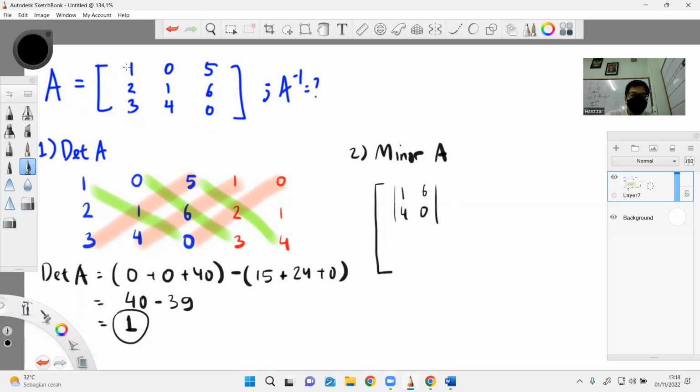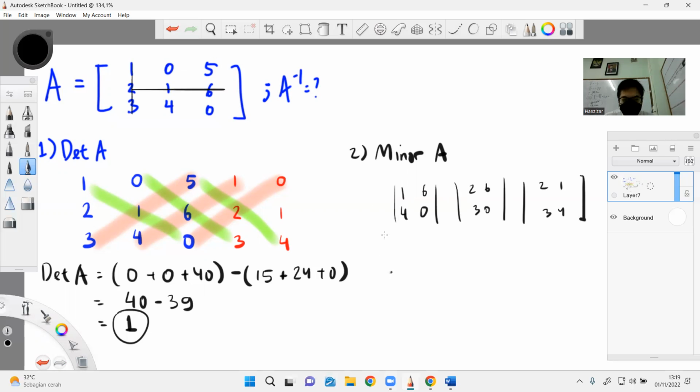And then the second, 2 6 3 0. Third, 2 1 3 4. Okay. And then second row, 0 5 4 0. Second row, second column, 1 5 3 0. This is not 15 and 30, yeah, be careful.